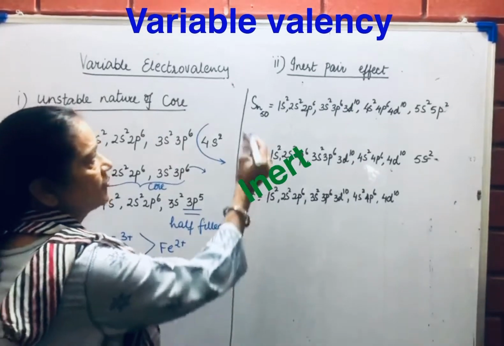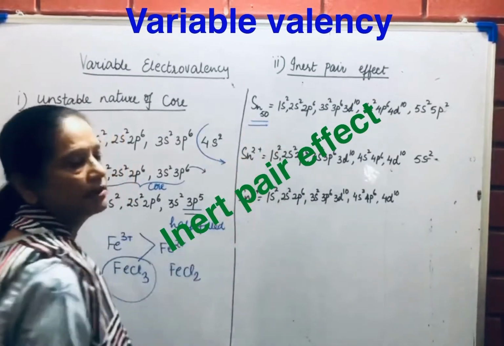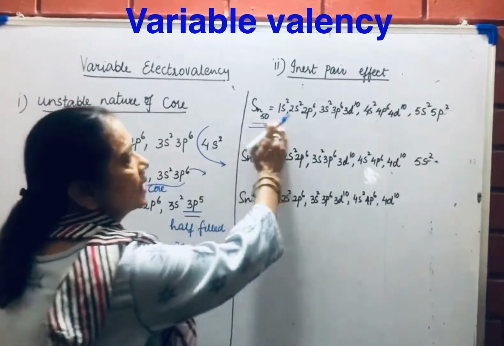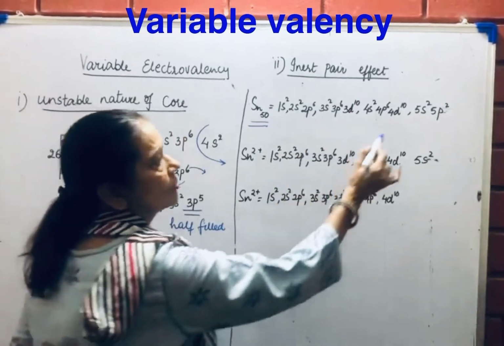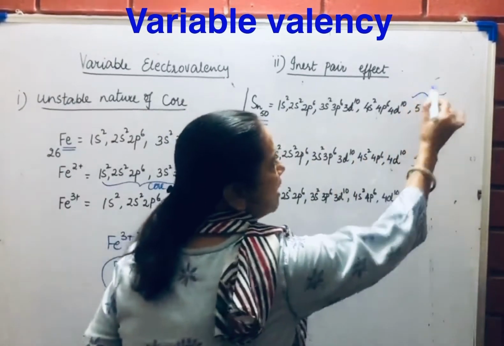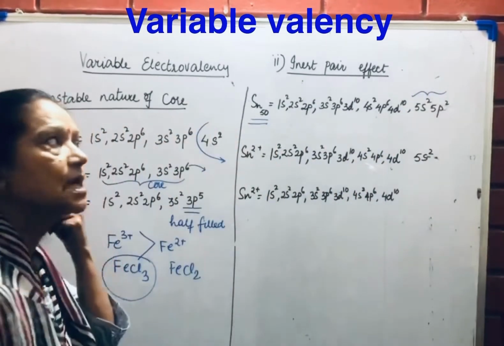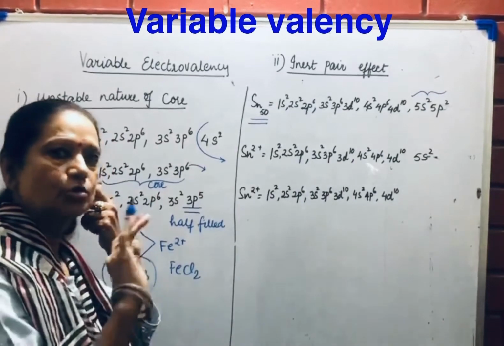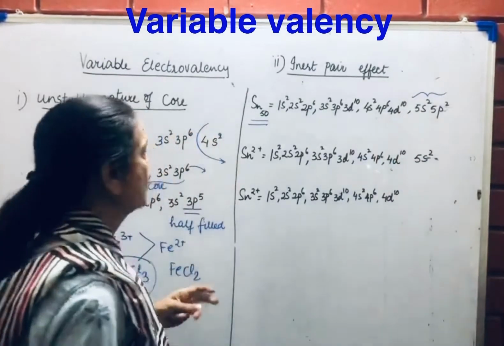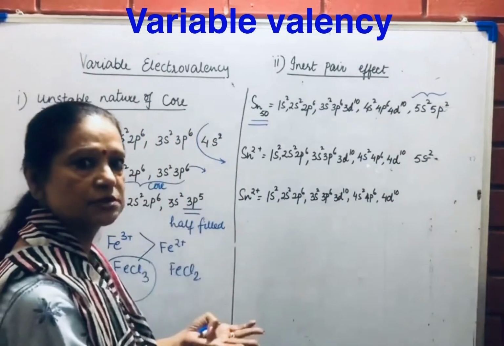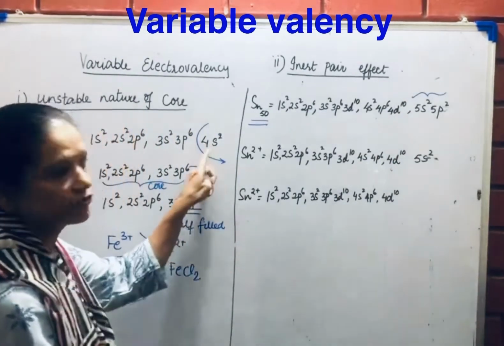Now inert pair effect means if I am looking at Sn, atomic number 50, I get this as the electronic configuration. In this electronic configuration you can see this part in p block elements. This part is the outermost shell. These are the valence electrons. So you have seen that the valence electrons are always lost.